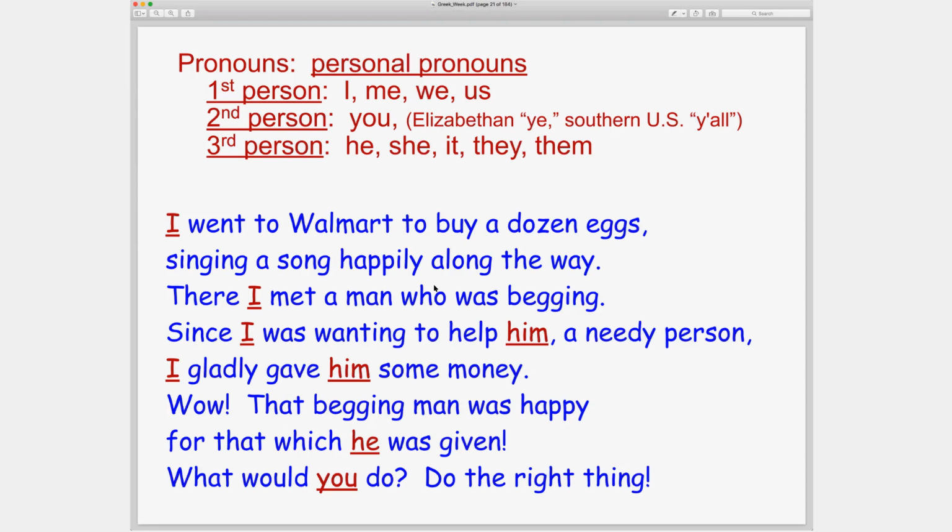He is masculine, she is feminine, and it is neuter. So in English we distinguish gender in the third person. Kind of funny. English, as I said, is not very consistent. And then the funny thing is, for the plural, it's distinguished by subjective or objective: they or them.